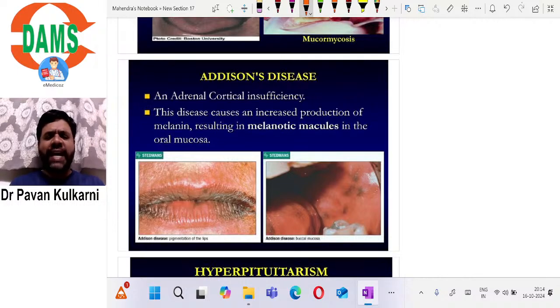Whenever there is Addison's disease, there will be excess melanin pigmentation, typically seen around the oral cavity. That is known as perioral pigmentation. So in the first image, you can see particularly the lips and around the oral cavity, the perioral pigmentation.